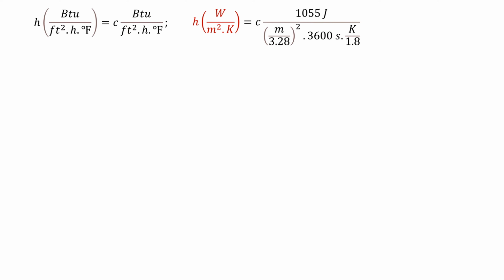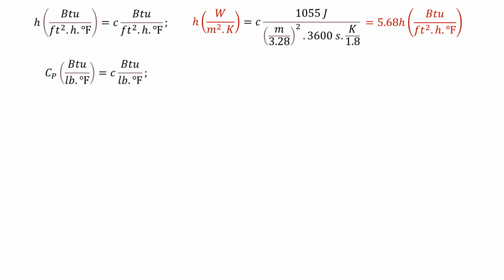Now we can convert this BTU to joule, this feet to meter, this hours to second and this Fahrenheit to Kelvin. And in place of C we can write H in BTU per feet square per hour per Fahrenheit. So we have established an equivalent relationship for H in different units.